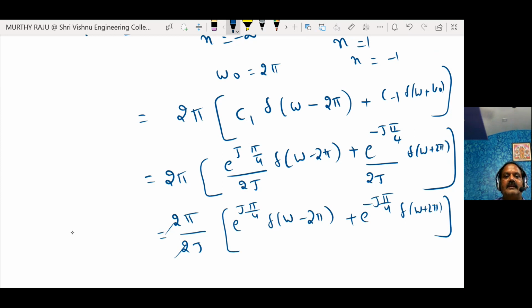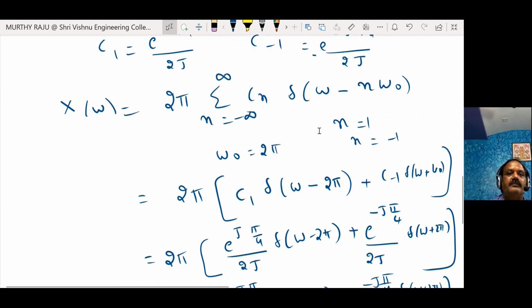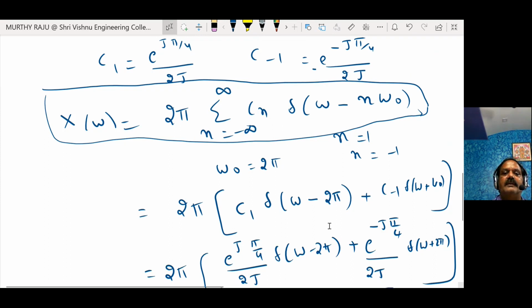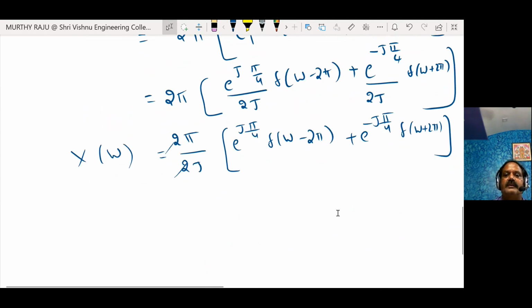This is X of omega. This is the general formula for periodic signals. C1 and C minus 1 are determined from the given signal. This is the final solution.